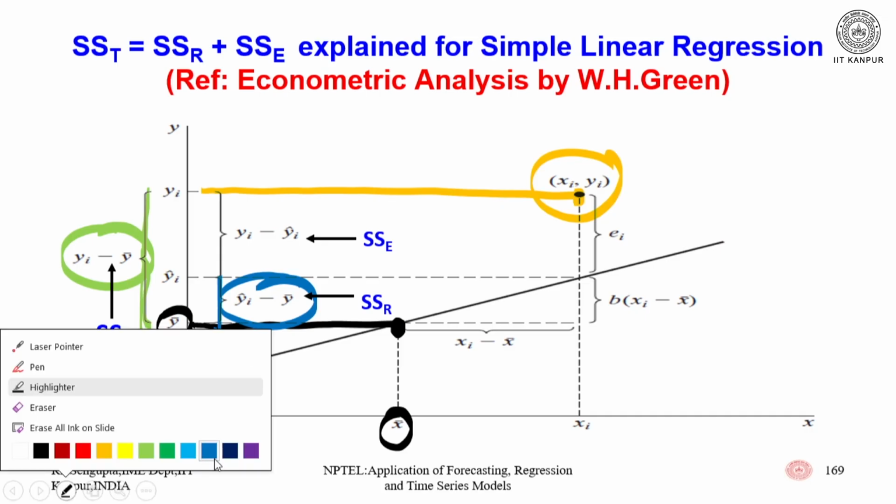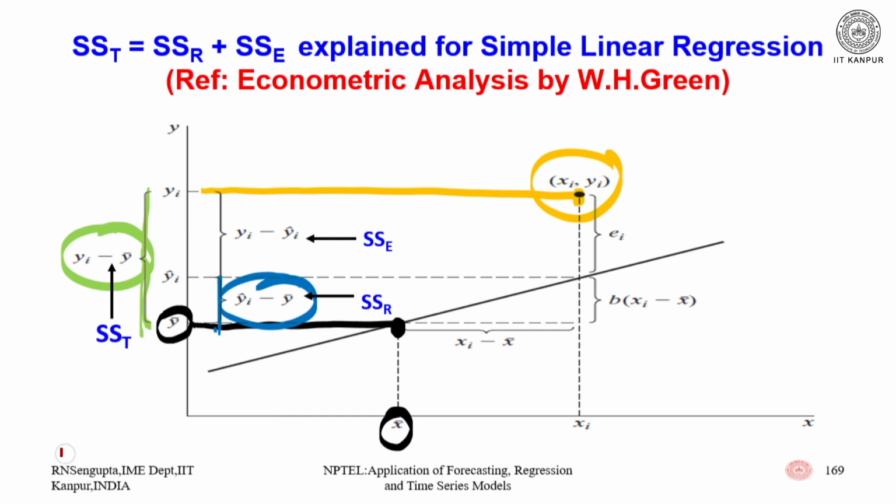And finally, the error term. I will use a different color, consider the red one. So, that is given by yi minus y hat, that is the difference between the actual value and the predicted value.